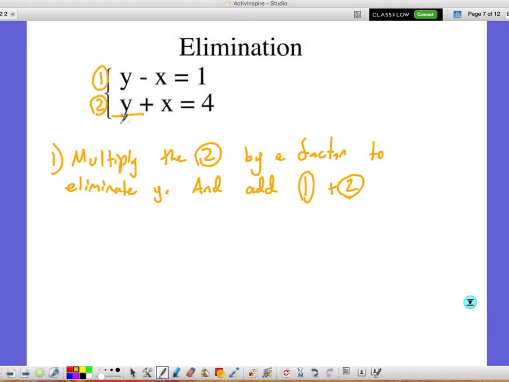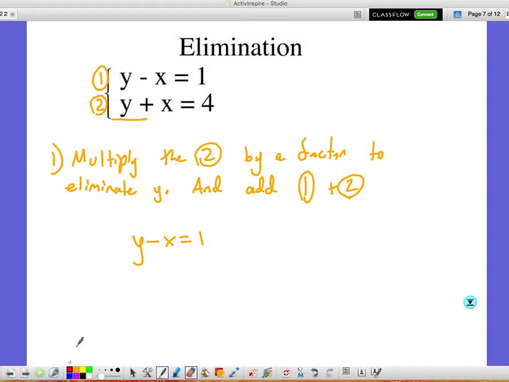So when I add these together, I get 2y, but I want to get 0. So what do I multiply the second equation by? Well, again, students always tell me to multiply by 0, so if I multiply the second expression by 0, I get y plus 0, which still gives me y. I don't want that. I want to make these so when I add them together they give me 0. So basically, let me write the first equation, y minus x equals 1.